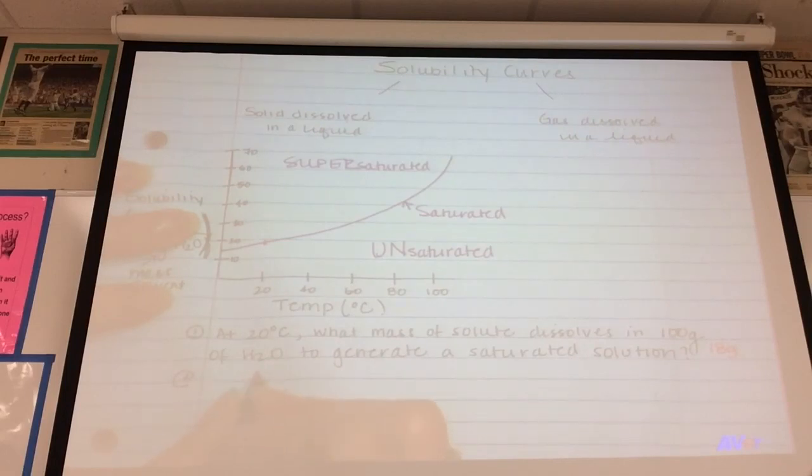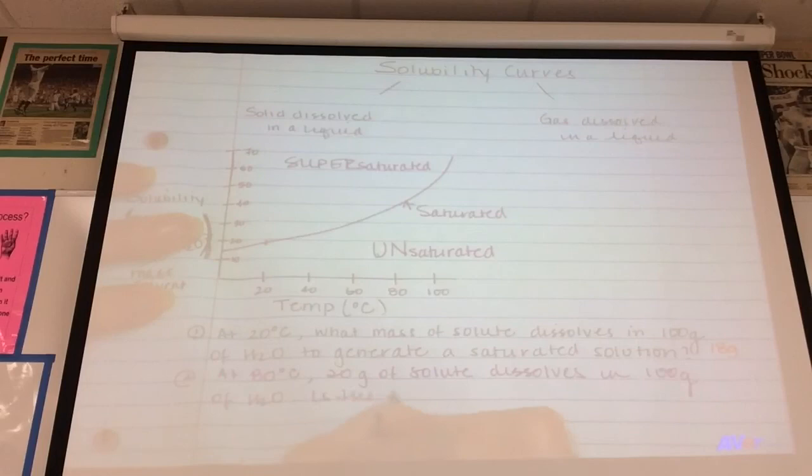Now let's say in a second question, I state that at 80 degrees Celsius, 20 grams of solute dissolves in 100 grams of water.